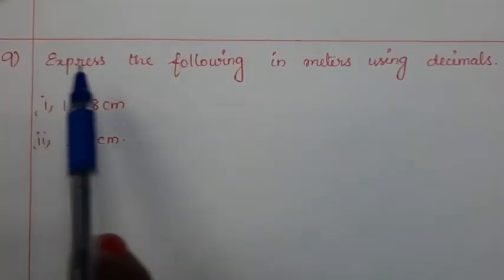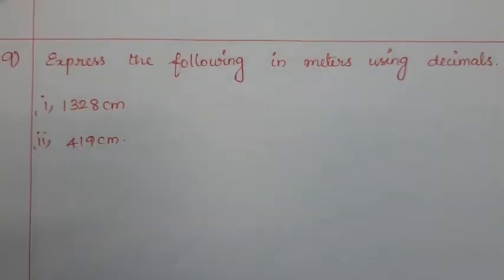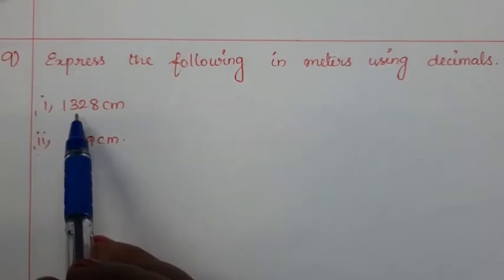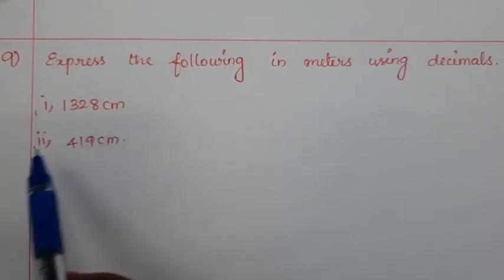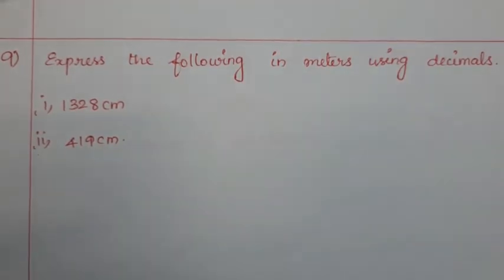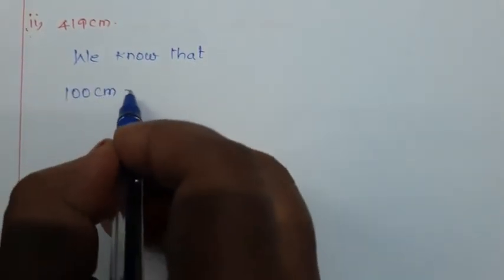Question number 9. Express the following in meters using decimals. Subdivision 1, 1328 centimeter. Subdivision 2, 419 centimeter. We know that 100 centimeter is equal to 1 meter.